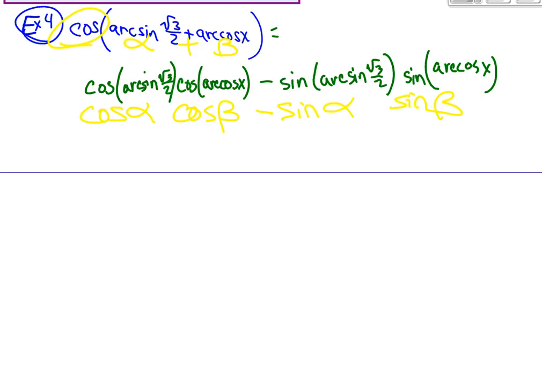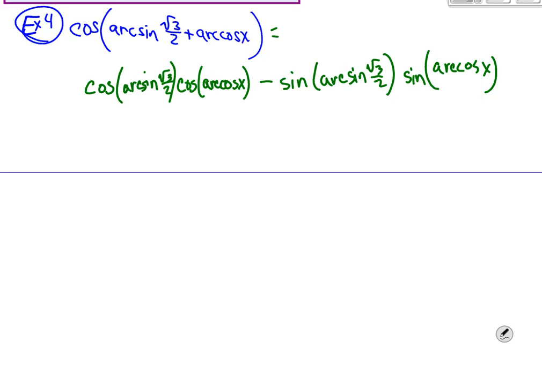Now, the next part of this is we have to remember back to when we did these arc sine and arc cosine problems. So the arc sine of the square root of 3 over 2, I'm just going to talk about that on the side here. I don't know what the angle is, but there's some angle whose sine is the square root of 3 over 2.